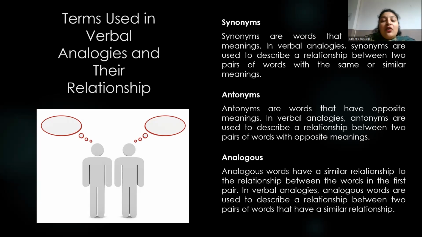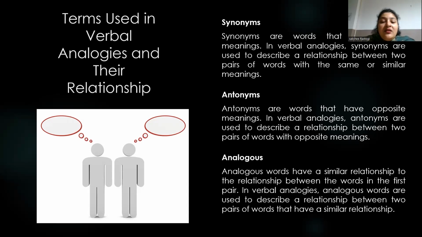So what is analogous? Analogous refers to the relationship between words or concepts that are similar in nature, function, or character but not identical. Analogous words or concepts share common attributes, features, or properties that make them comparable, but they may not be identical in meaning or scope.